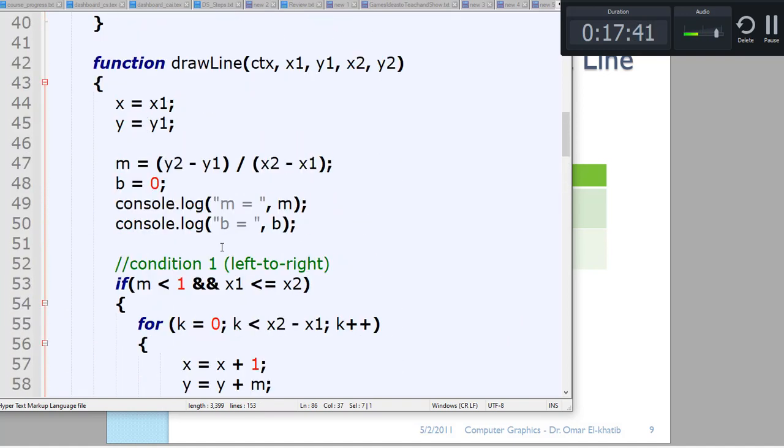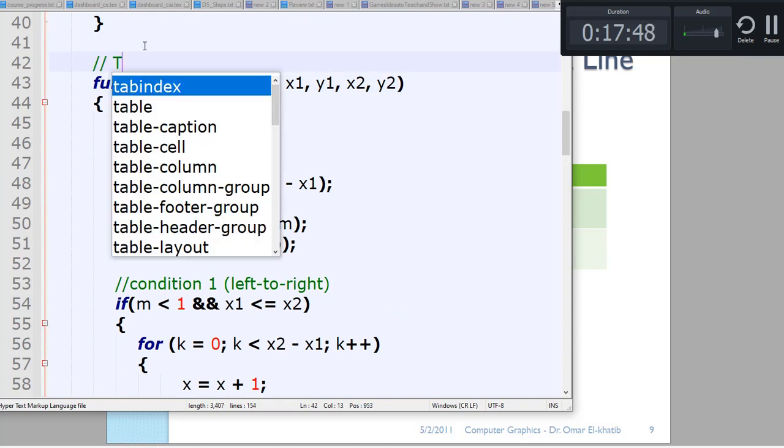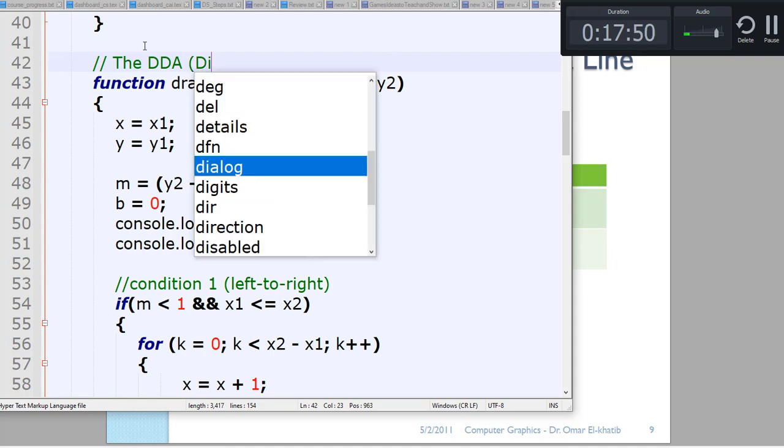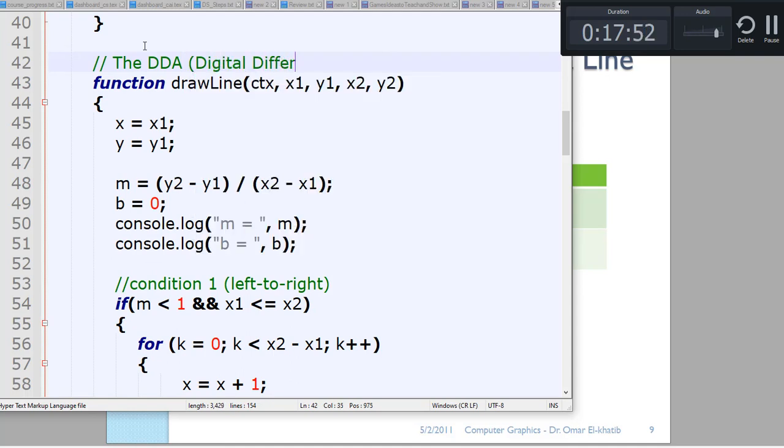This seems a very big algorithm, but it is not complicated. We call it the DDA algorithm, which is the digital differential analyzer algorithm.